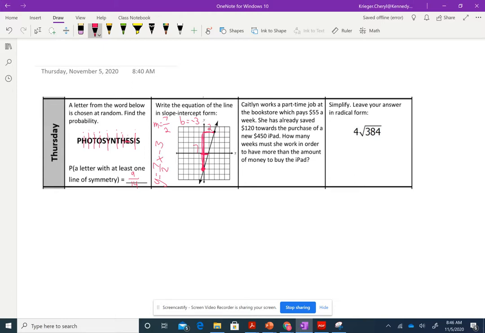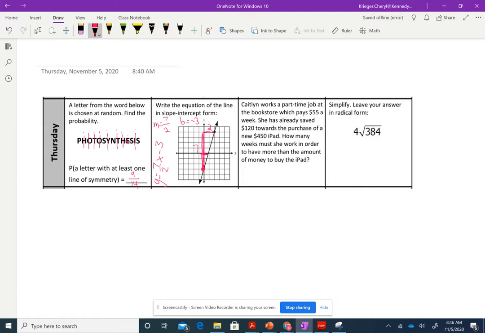All right, column 3 says, Caitlin works at a part-time job at the bookstore, which pays $55 a week. She has already saved $120 towards the purchase of her new $450 iPad. How many weeks must she work in order to have more than the amount of money to buy the iPad?